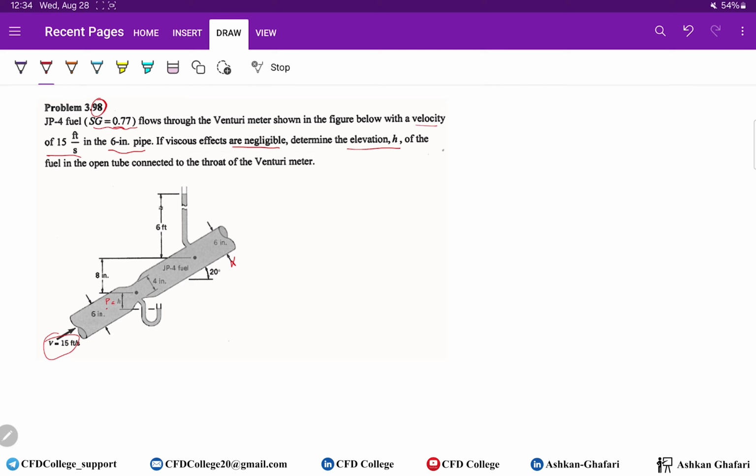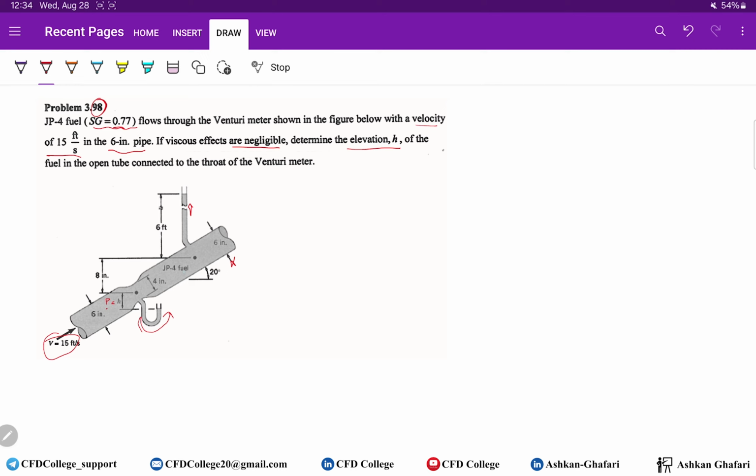Okay, we have this Venturi meter, we have this pipe, we have another open tube here, and we have this open tube here. So we should use these to calculate the pressure and to find the key points, as it's the first step. I mentioned that where you have these tubes or manometers, you can use them as key points.